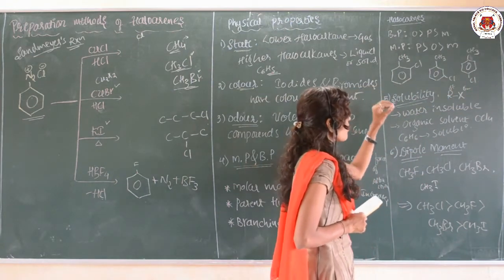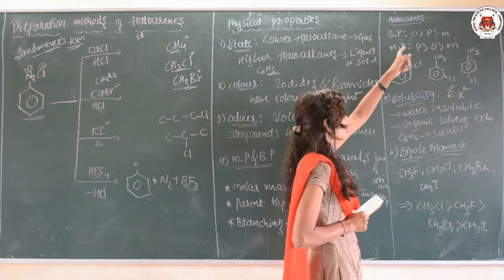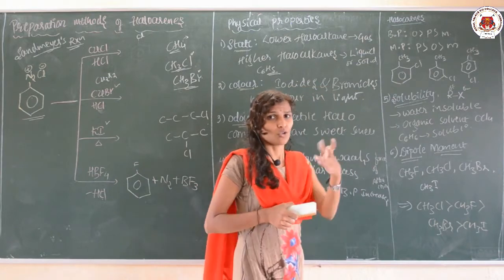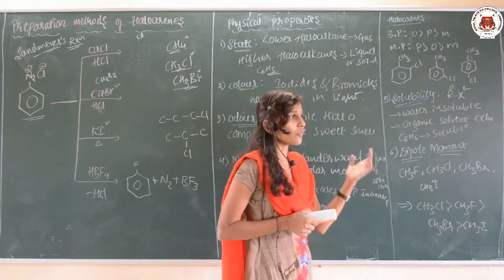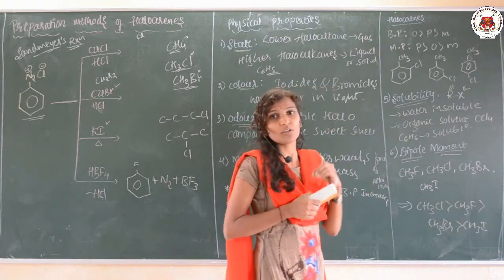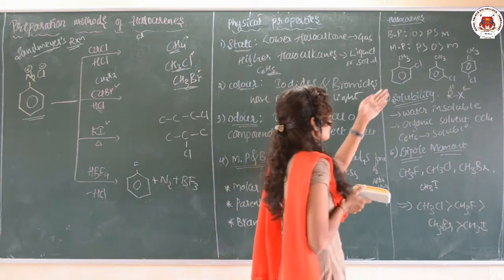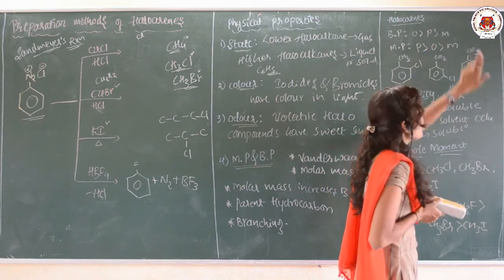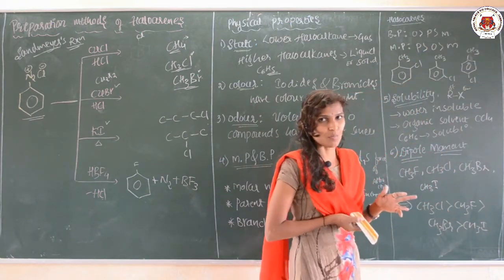In case of haloarenes, the boiling point is usually very near each other. Even though you want to give the order, ortho has a little more boiling point as compared with para, as compared with the meta compounds.